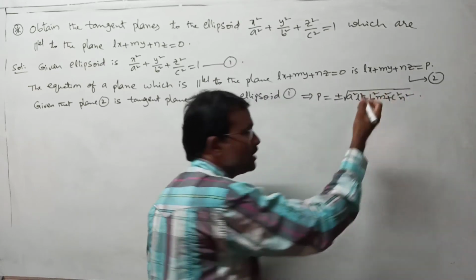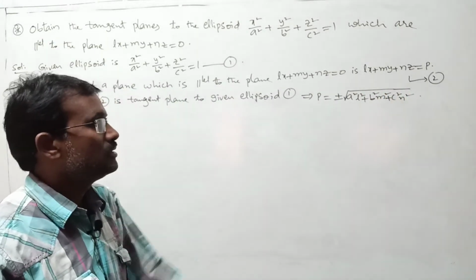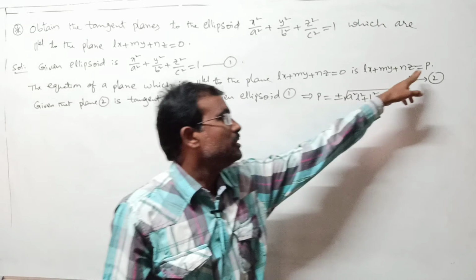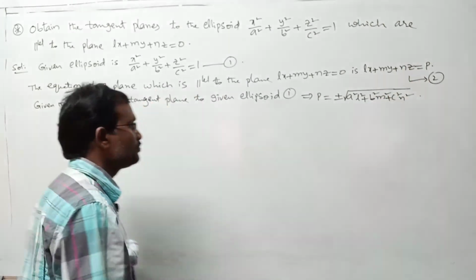We defined this in the previous class. This is the value of P. Substitute this P here and you get your required tangent plane.